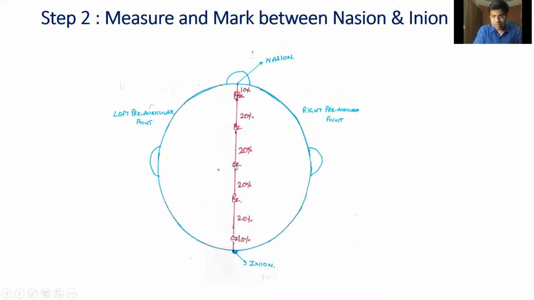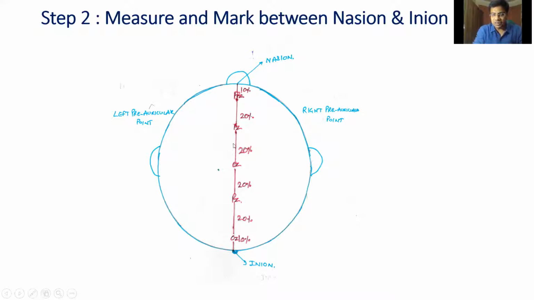Once we have found Cz, we move forward towards nasion. From Cz, 20% towards the frontal side is Fz, another 20% is Fpz, and from Fpz to nasion is again 10%.